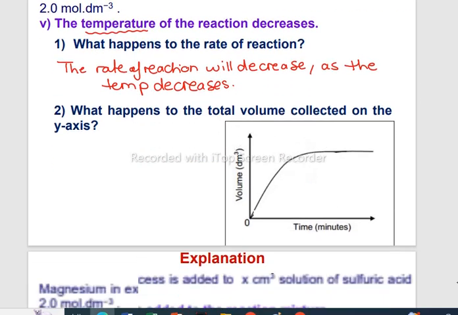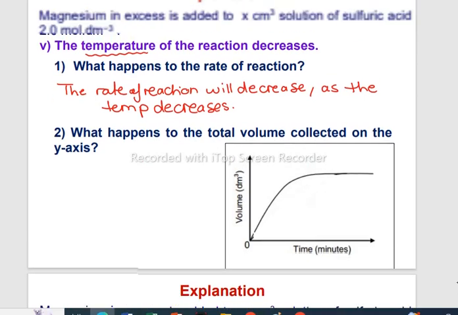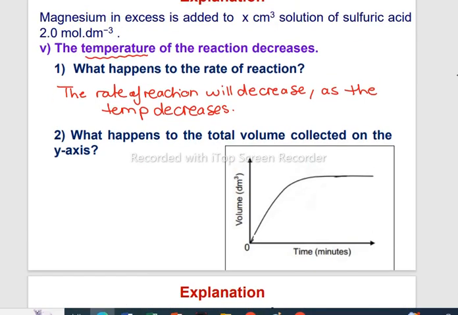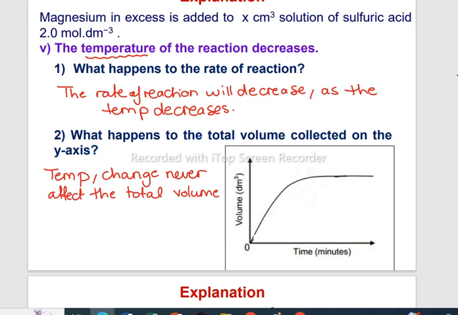Now, what happens to the total volume? The temperature will never affect the total volume, so it will be the same ending. So temperature and actually the catalyst will not affect the total volume. So temperature change never affects the total volume collected.